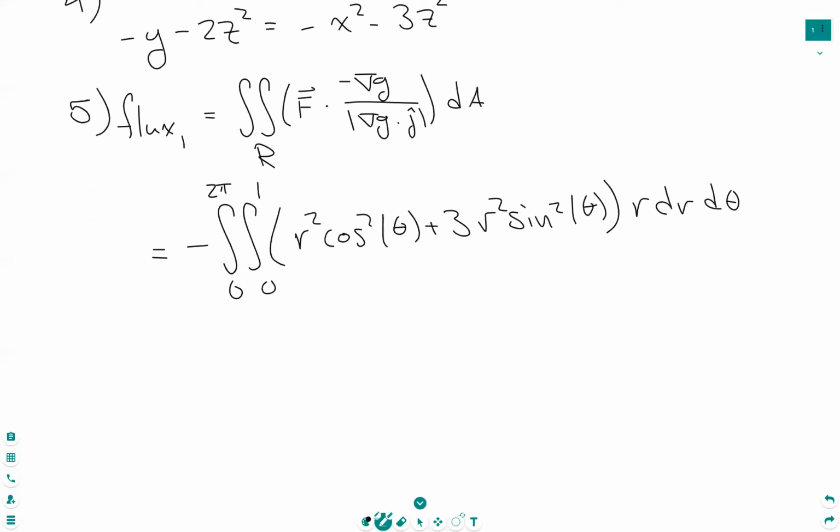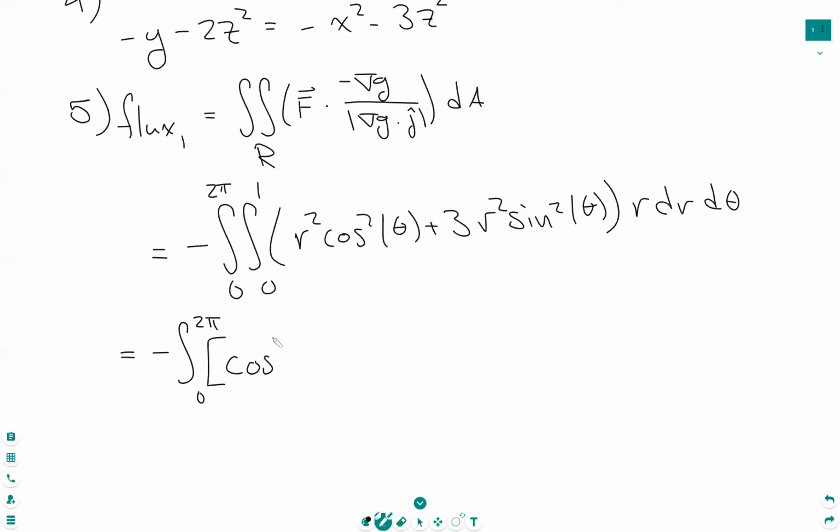So we can do this integral out. This is negative the integral from 0 to 2 pi. Why does that become a plus? Are you talking about the plus here? Okay, never mind. Okay, you got it. So we have 0 to 2 pi, and then we're integrating over r.